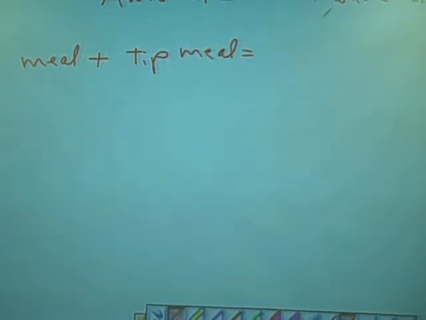Basically what we have here is the meal plus the tip times the meal equals the amount.